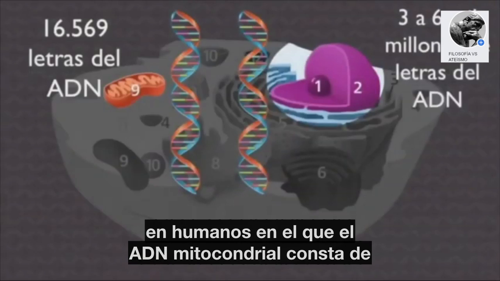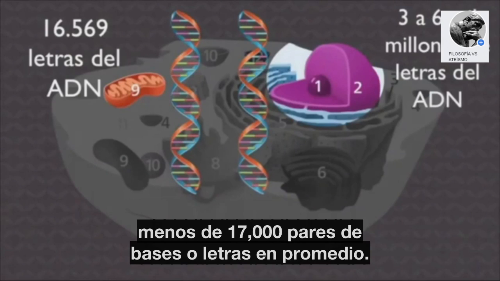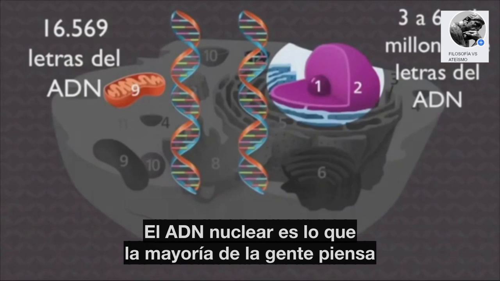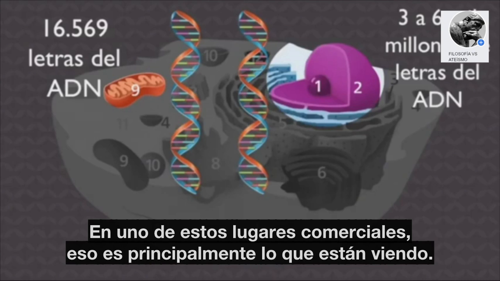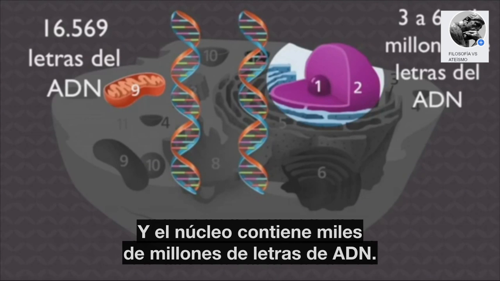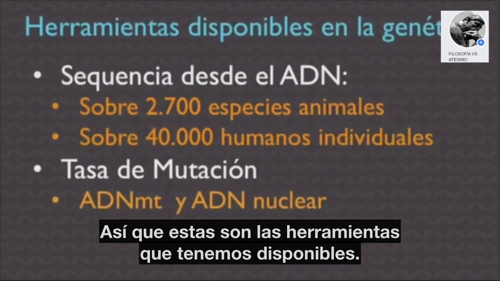In humans, the mitochondrial DNA consists of only less than 17,000 base pairs or letters on average. The nuclear DNA is what most people think of when you get your DNA tested at one of these commercial places. That's primarily what they're looking at. And the nucleus contains billions of DNA letters. So these are the tools we have available.